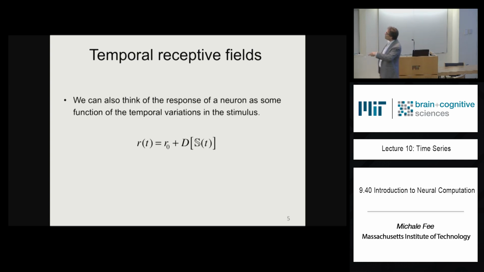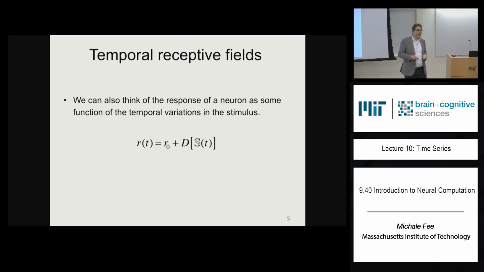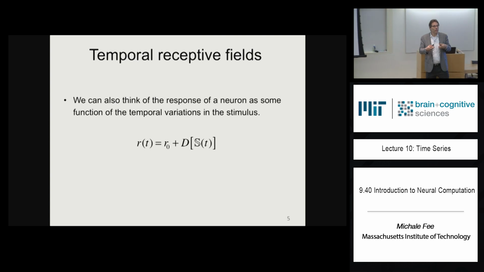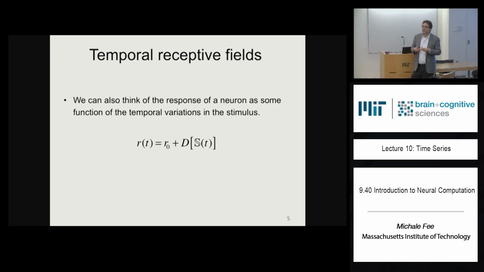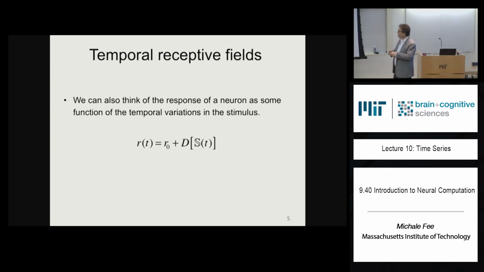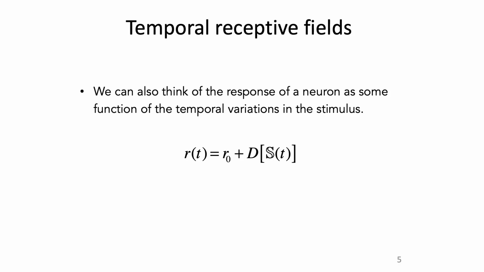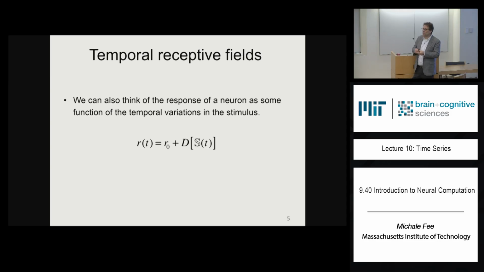We have the same kind of situation for the sensitivity of neurons to temporal patterns. We can write down the firing rate of a neuron as a function of time as just a spontaneous firing rate plus a filter acting on a time-dependent stimulus. In this case, this filter will be sensitive to a particular temporal pattern.